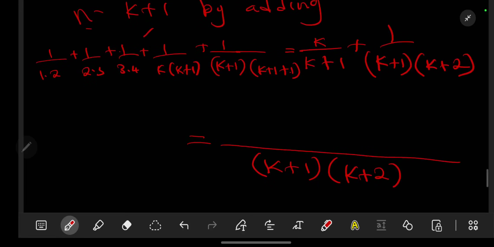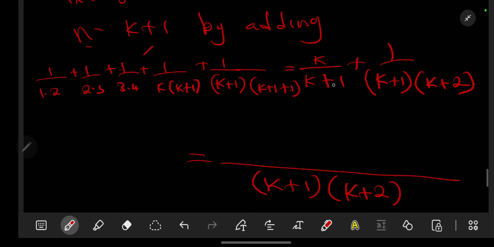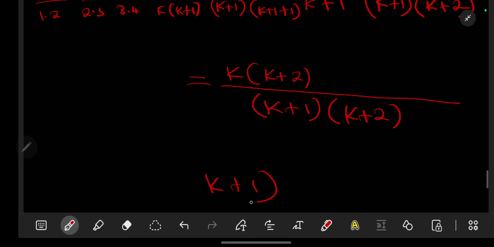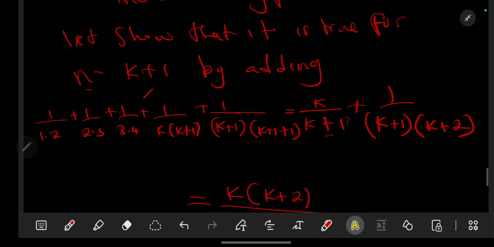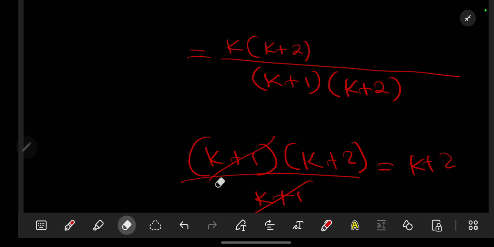So that means if we take this divided by k plus 1, it will be equal to k multiplied by this one, which will be k plus 2. Because when you divide this, when you take k plus 1 by k plus 2 divided by this number, if we divide by k plus 1, this and this will cancel to give us k plus 2 like that.